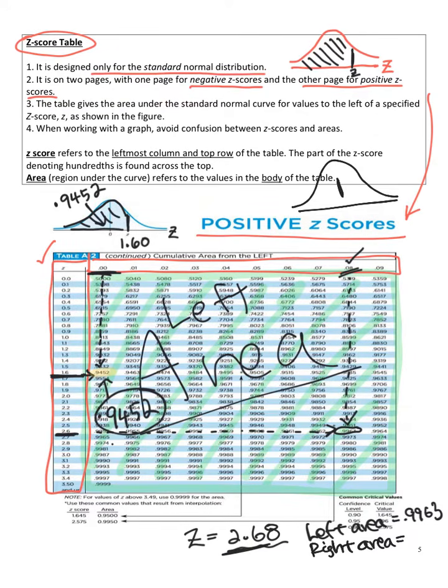So we can use the complement concept. The left area is 0.9963, so to find the area to the right, you do 1 minus 0.9963, which gives us 0.0037. Sorry, it's really small. So that's how you can find the area to the right.